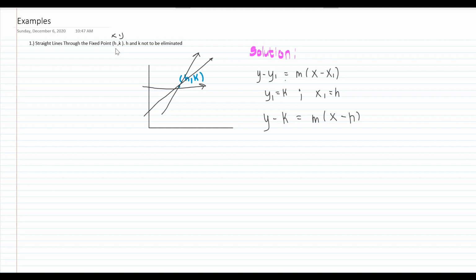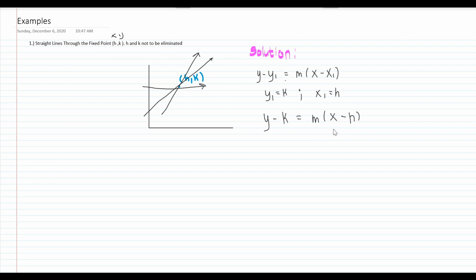So the next thing to do is to apply the elimination of arbitrary constant. The first thing that we must do is to identify how many arbitrary constants are present in the equation. As you can see, we have y minus k is equals to m quantity x minus h.